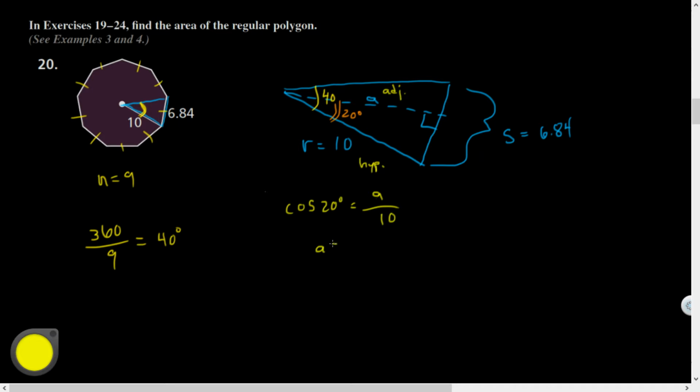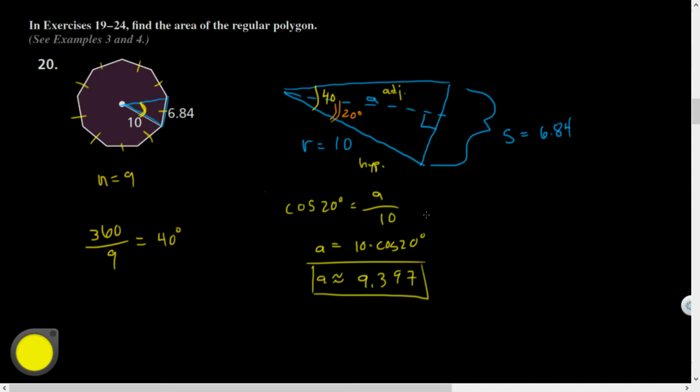And so a is going to equal 10 times the cosine of 20 degrees, and I can get a decimal approximation of that. So 10 times cos 20, right? That is going to be 9.397. So this is the apothem.